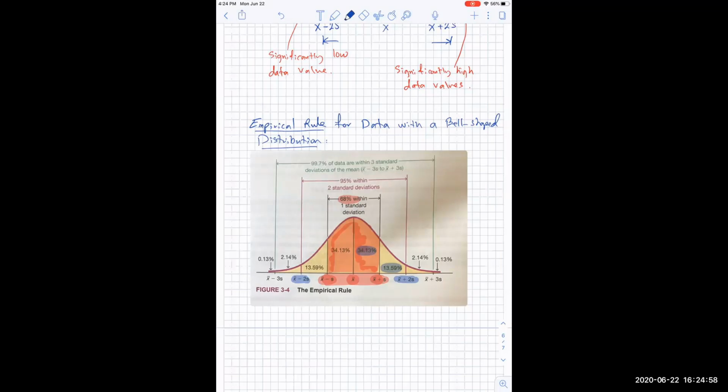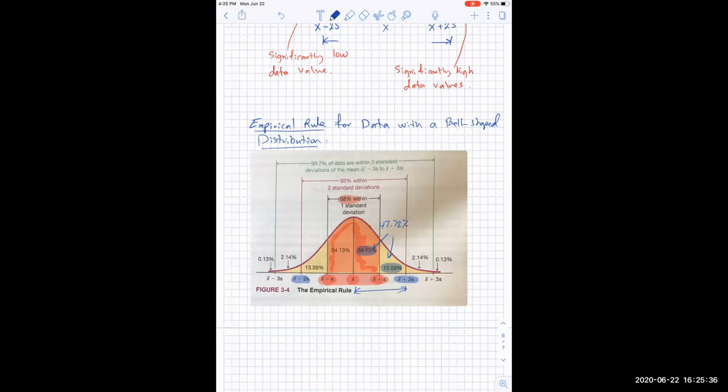If you add those percentages, about 47% of your data values are above the sample mean and within 2 standard deviations.